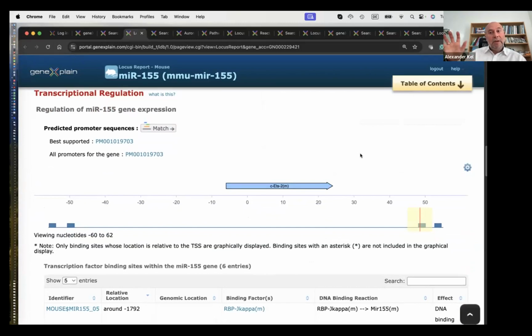MicroRNAs are encoded by a gene, right? And this gene is controlled by RNA polymerase II. So expression of microRNAs is controlled by transcription factors. And we have here information about which transcription factors are regulating expression of the microRNA.